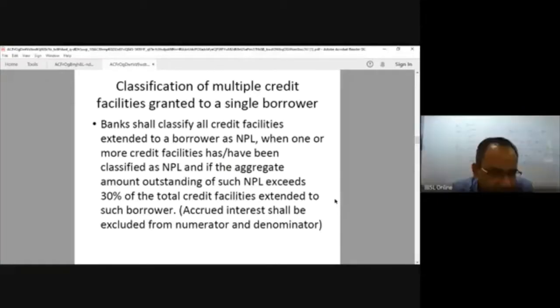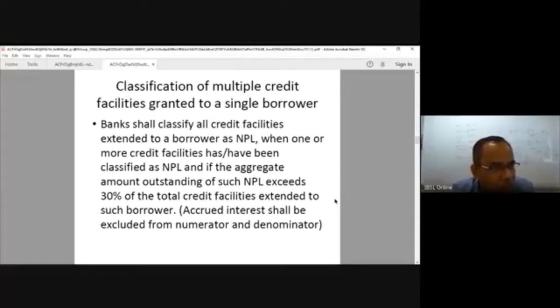Yeah, it is for a single borrower. You would have given many facilities to the customer. Some corporate customers will have many facilities given, and even the group will have to be taken into account.